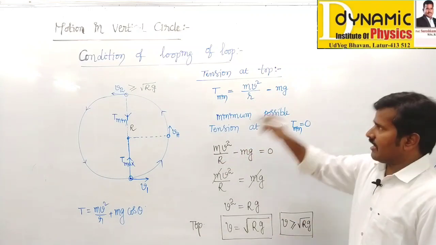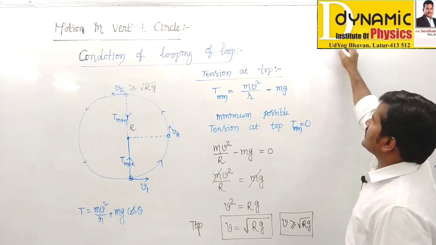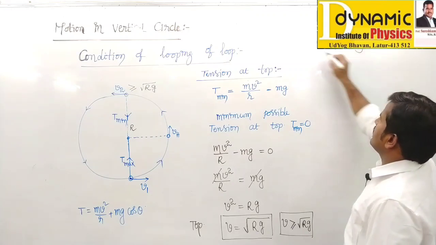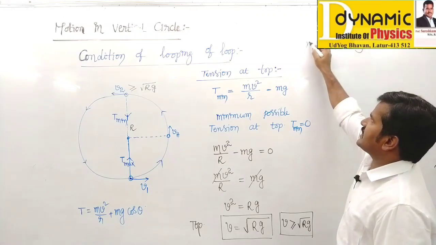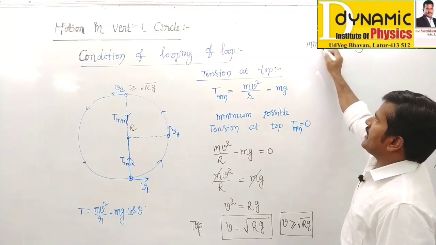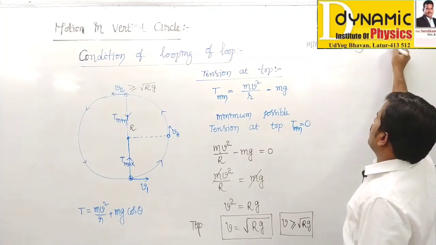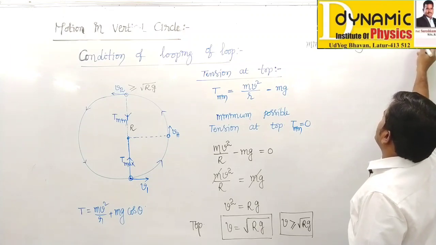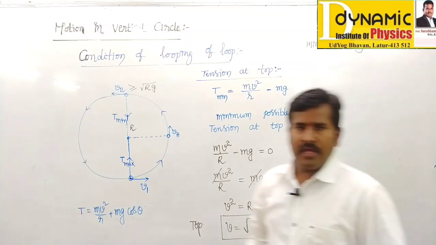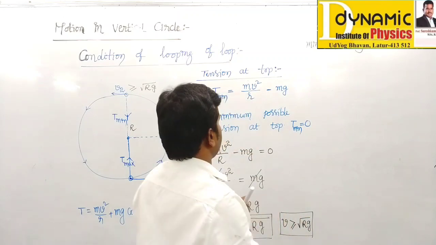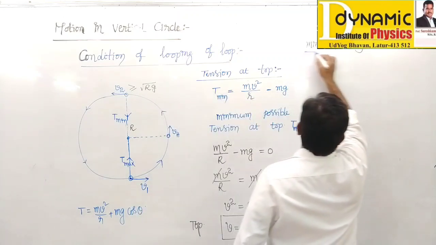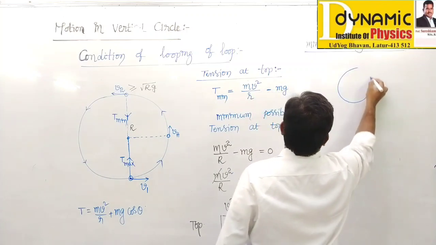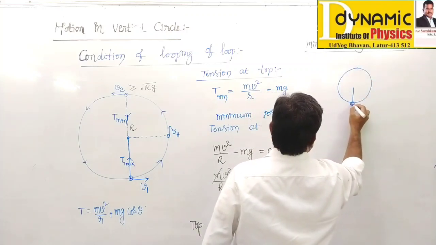What is the velocity at the lowest position? What is the minimum velocity at the lowest position? The minimum velocity is found here using conservation of energy. Energy at top is equal to energy at bottom.